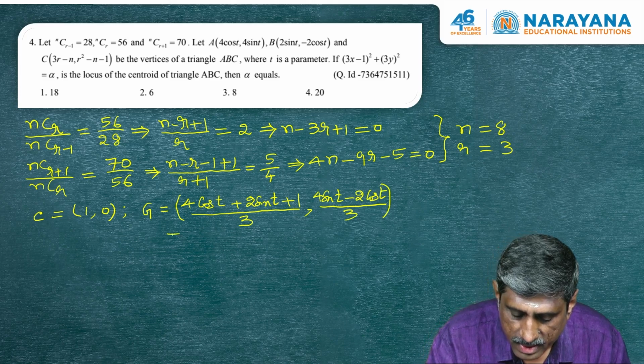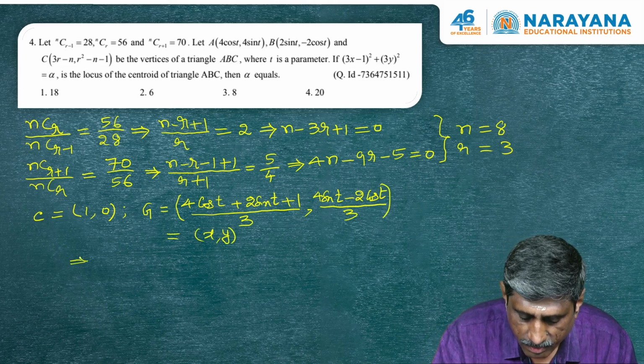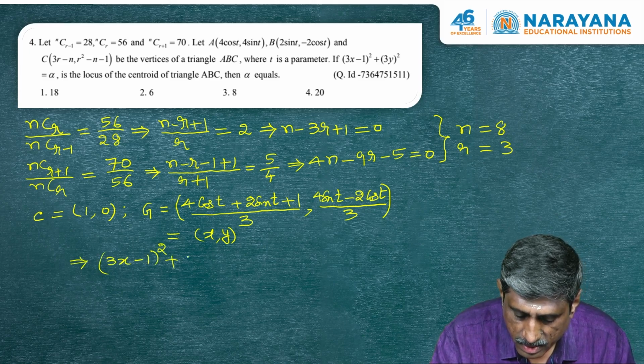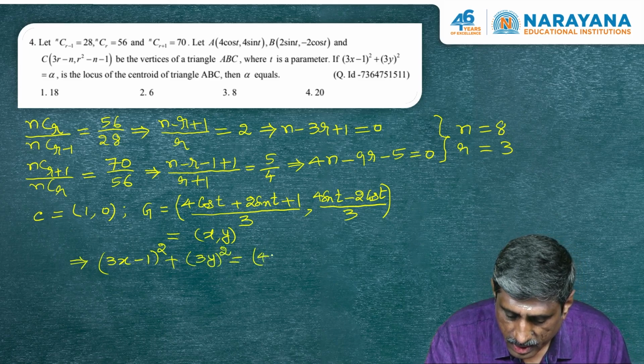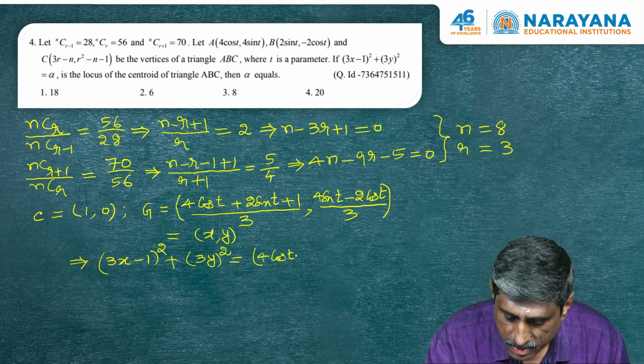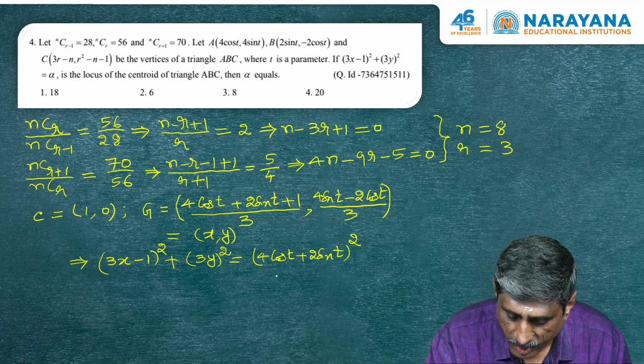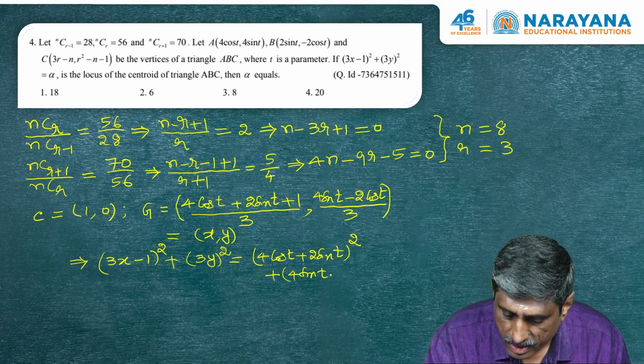You take it as (x, y) and eliminate t, and when we simplify, we get (3x minus 1) the whole square plus (3y) the whole square is going to become (4 cos t plus 2 sin t) the whole square plus (4 sin t minus 2 cos t) the whole square.